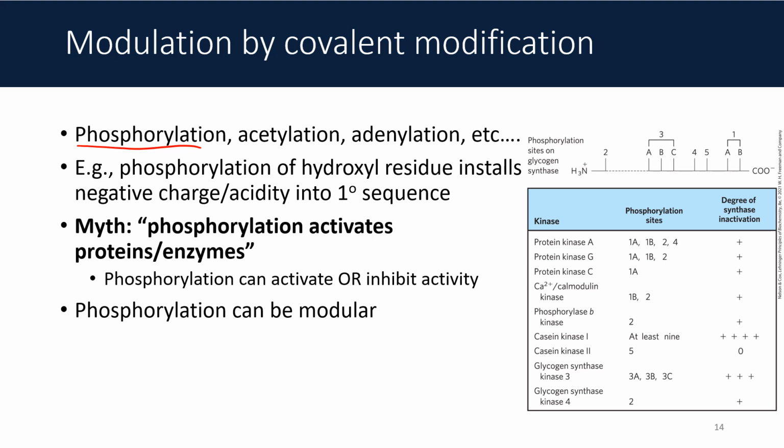We've all heard of kinases, probably, right? A kinase is an enzyme that can stick a phosphate onto a nucleophilic side chain of a protein and make it negative and acidic. This is going to ultimately change the primary sequence of that protein. And believe it or not, one negative charge can completely rearrange the structure and function of a protein. It really doesn't take that much.